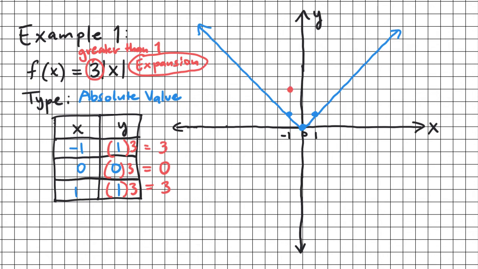We still have the point 0, 0 there. And then the last point, 1, 3. Then I'm going to take my ruler and connect these points. It still has the same V shape, but if you notice, it's a little bit closer together, closed a little bit closer together.